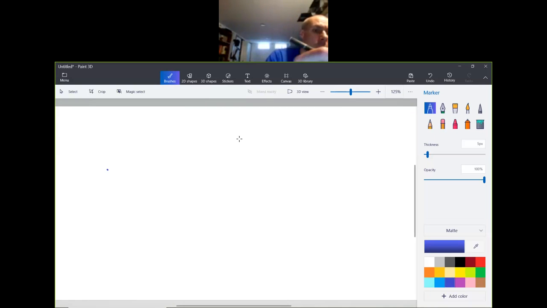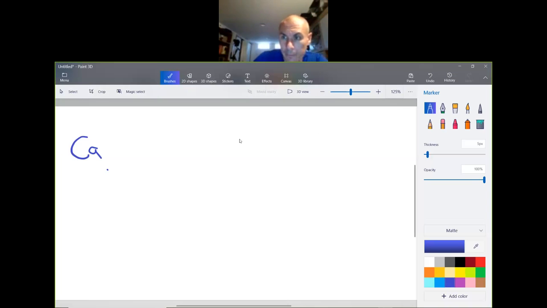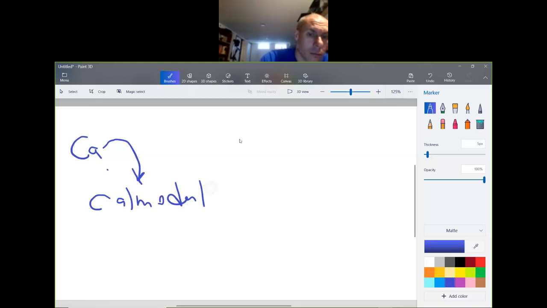Okay. So we've got calcium, right? I'm not going to draw the cell. Calcium enters the cell and binds to a protein called calmodulin.